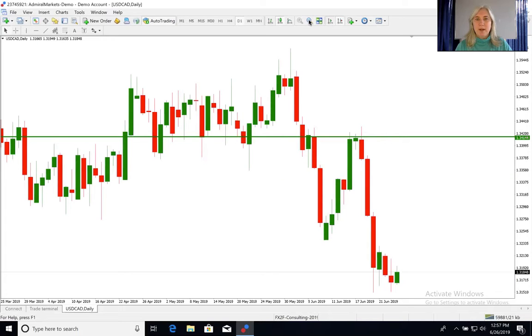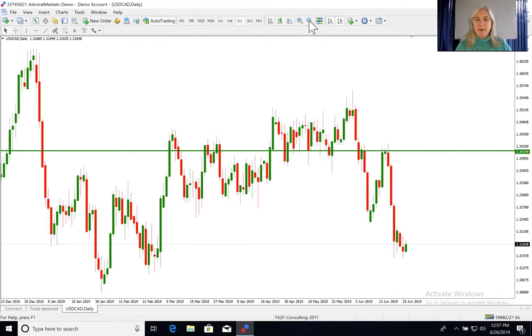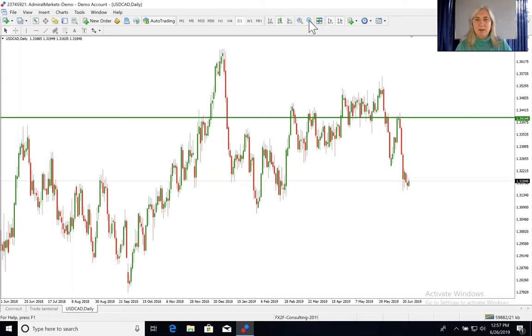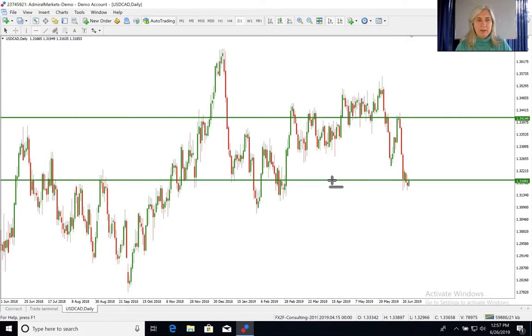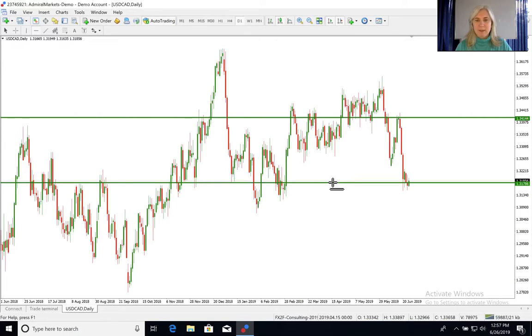So let's zoom out so we can see if there are any other significant lines of support and resistance. So over here, there is a support resistance level around this area here, which is quite significant, and it is close to the current price action.